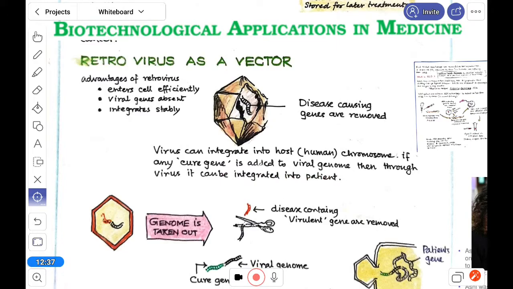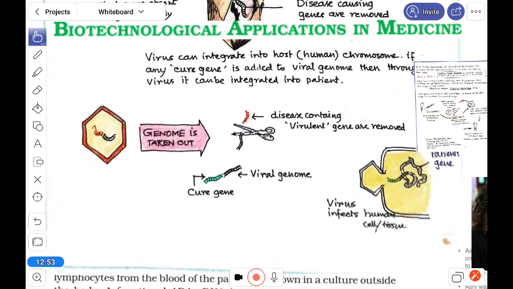We take out the viral genome, cut the virulent part, and next we enter the cure gene. It will be according to the disease. And this virus we allow to infect that human tissue, that is stem cells.